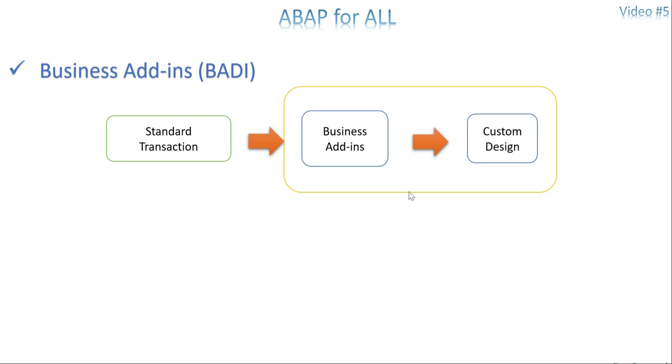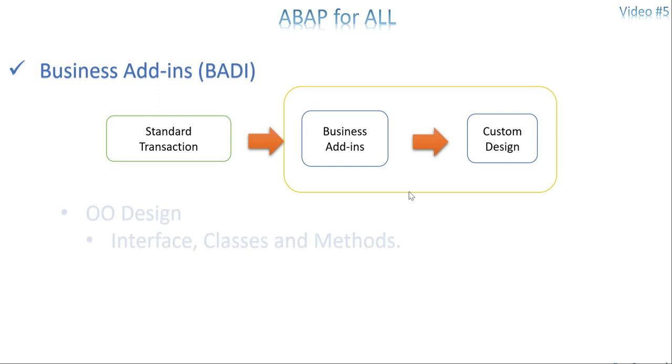In the design level, the enhancement spot is the first step. And under the enhancement spot, you can have n number of BADIs, you can have an enhancement point or enhancement section, and one more is also there. So I'll show you in the coming slides. So the enhancement spot is the first level of your enhancement.